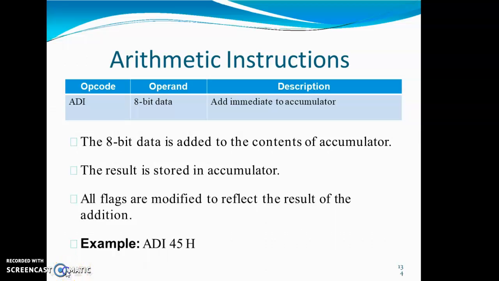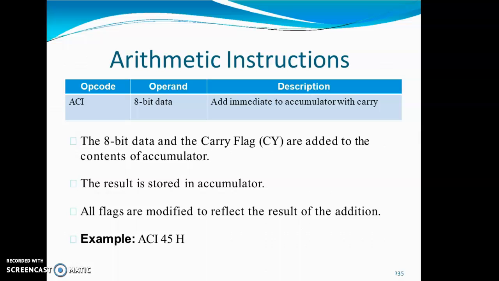When the ADI 45 hex instruction is executed and the accumulator has 00 hex, then 00 hex plus 45 hex, this 45 hex is added immediately and the output will be shown.